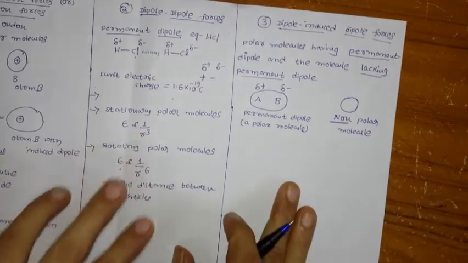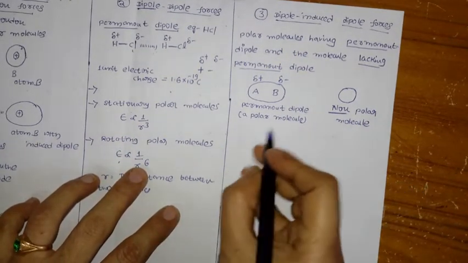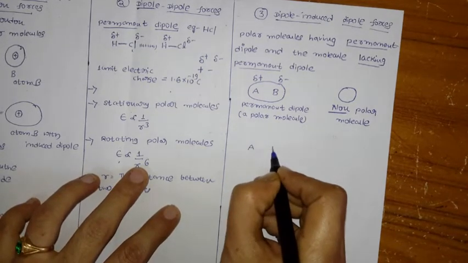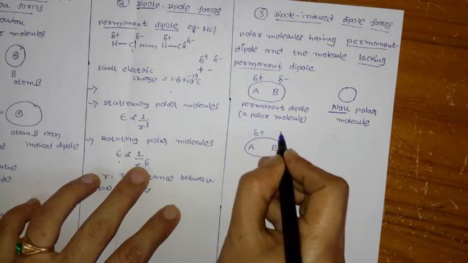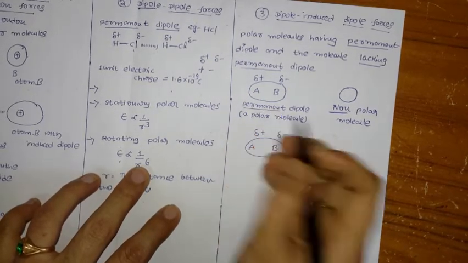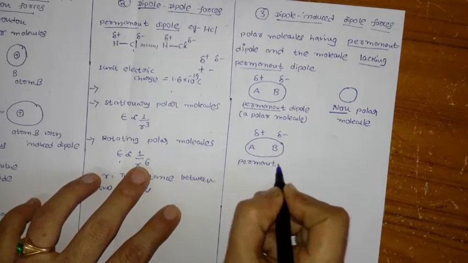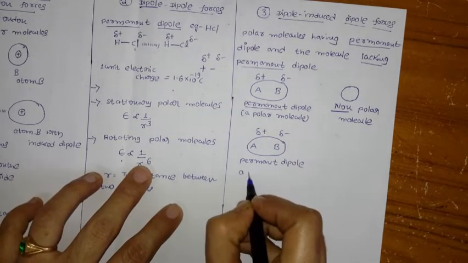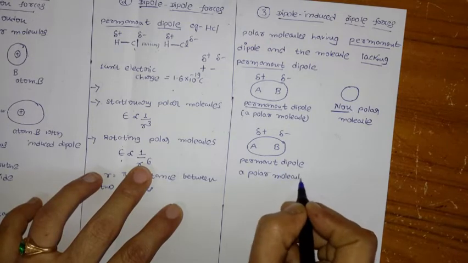So what happens when these molecules interact together? Now I am going to draw another diagram. Here the AB molecule possessing the permanent dipole is a polar molecule.